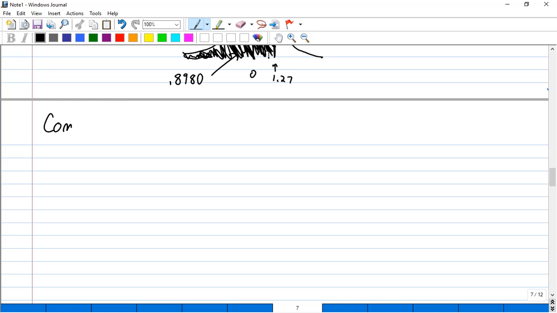So let's compute the area, or let me put probability, because your book likes to use that.